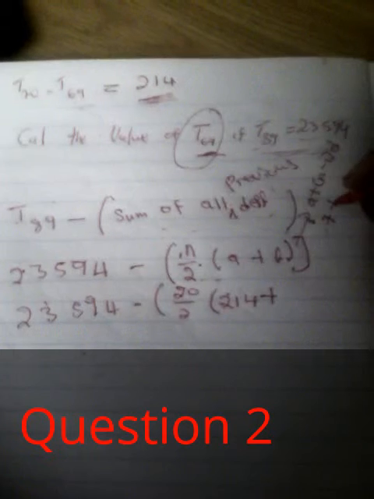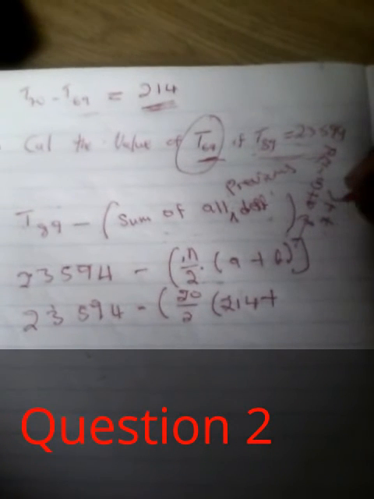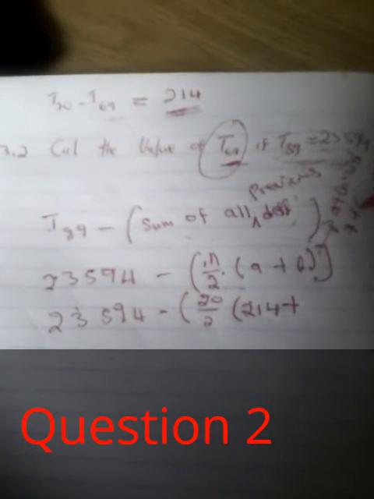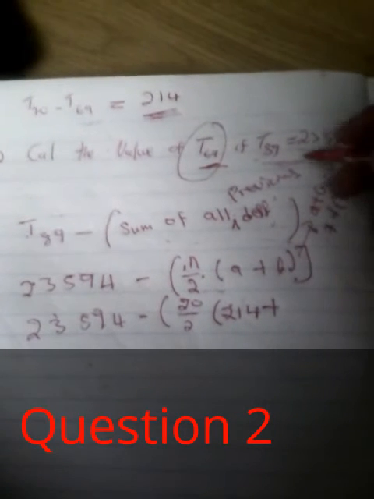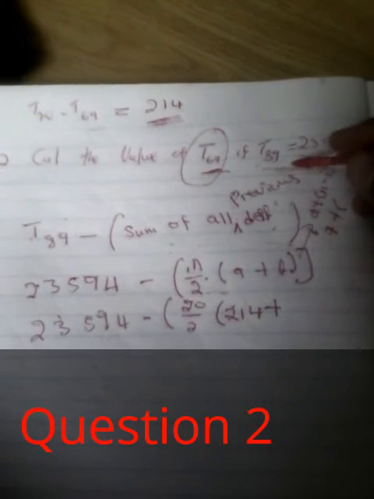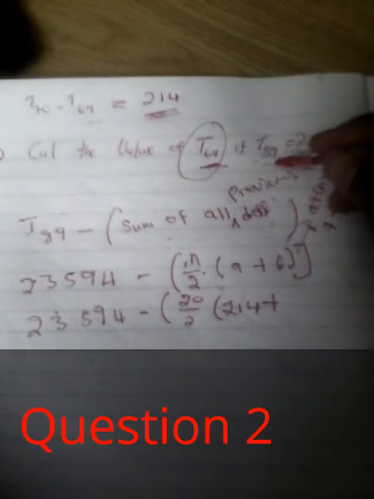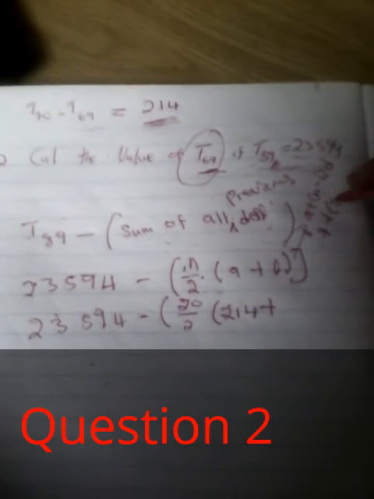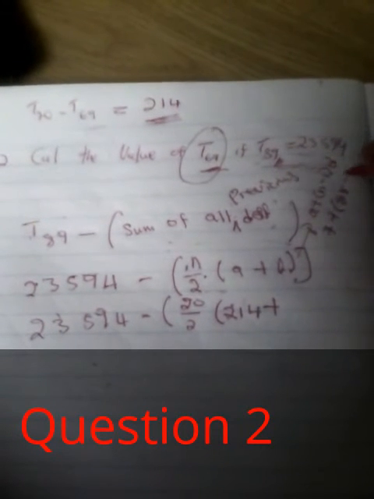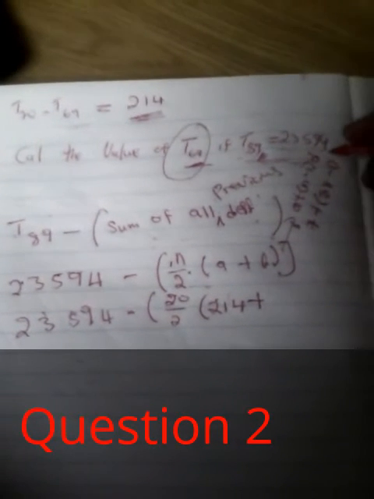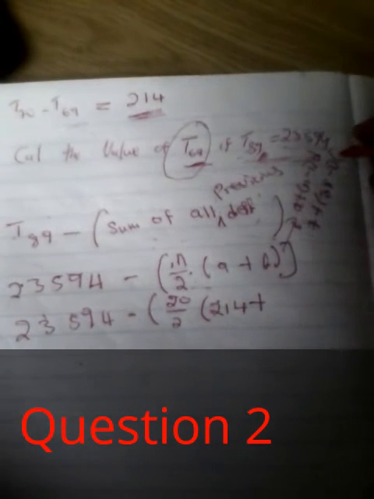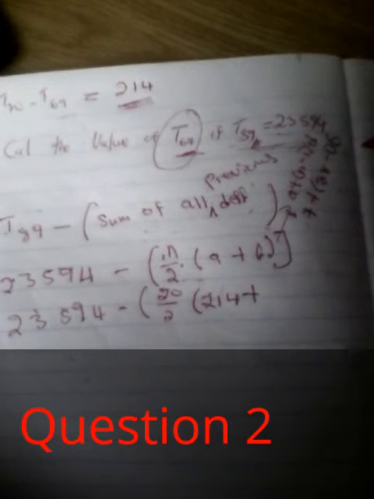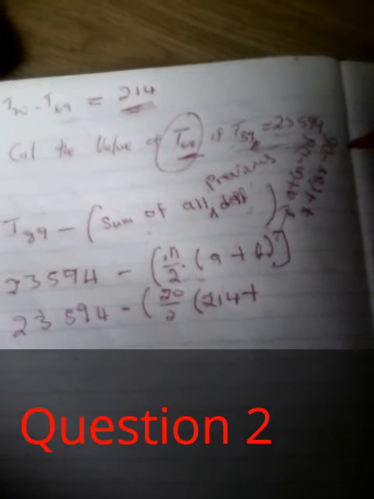plus the number of terms up until the last term, up until 89. We're not going to substitute 89, we're going to substitute 88, minus 1, times the difference. We've already calculated the difference of the first-difference arithmetic progression, which is 6.